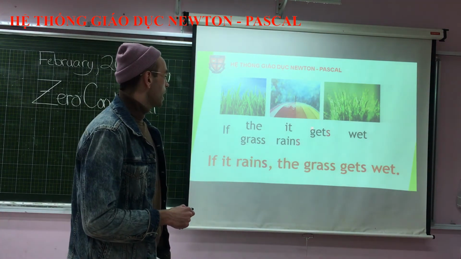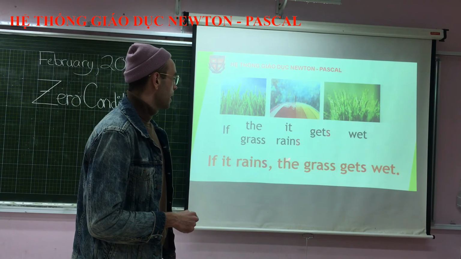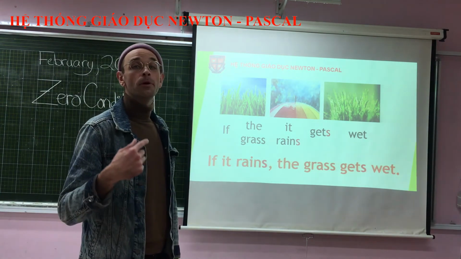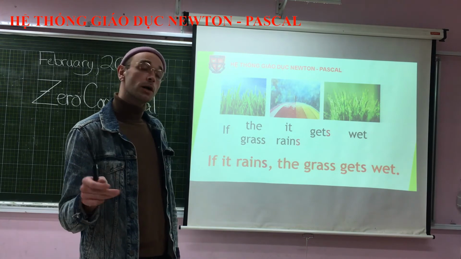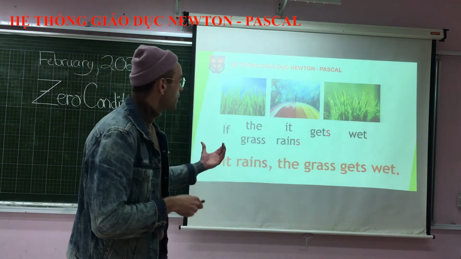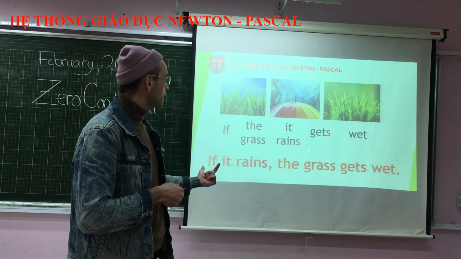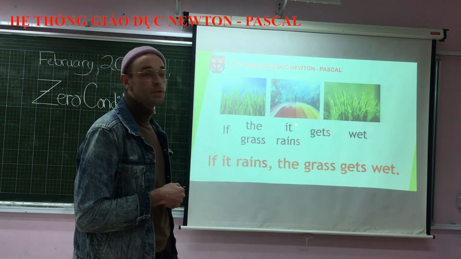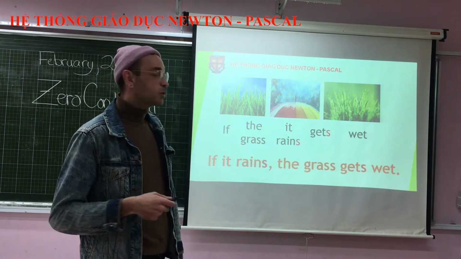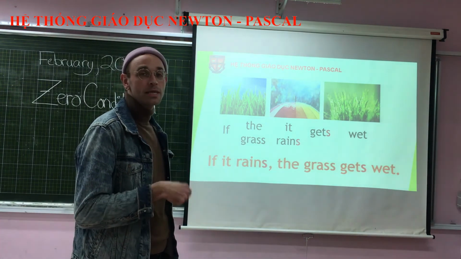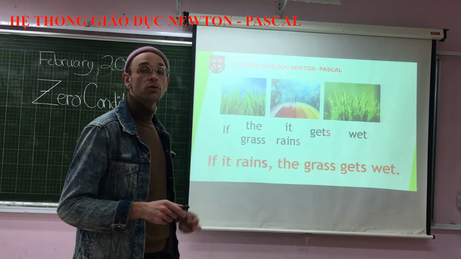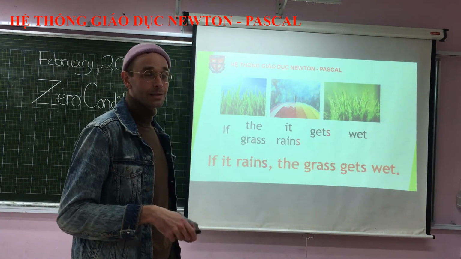Now notice we have some verbs here, gets and rains. These verbs are in the present simple form, right? Remember, we must put our verbs in present simple for the zero conditional. And they must be rains and gets because our subject is it, right? And if our subject is it, we say it rains, we say it gets. Okay, so pay attention, make sure that you know how to use those verbs correctly.